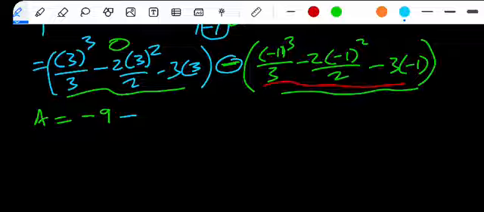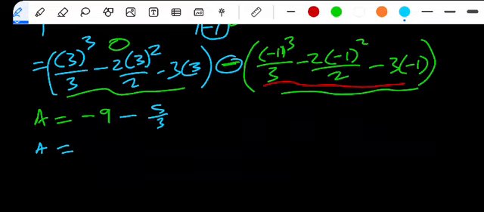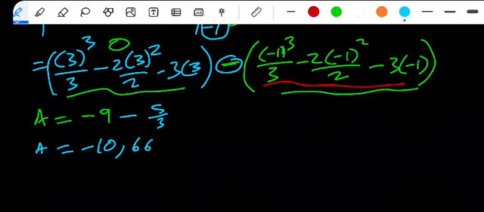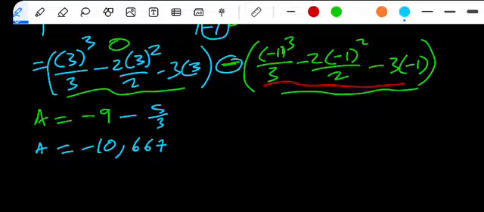There you'll have this to be 5/3. This is simply 5/3. So what will be the area? -9 minus 5/3. What will that be? We'll have -10.667. All right, this is what we have. It's what you see there.